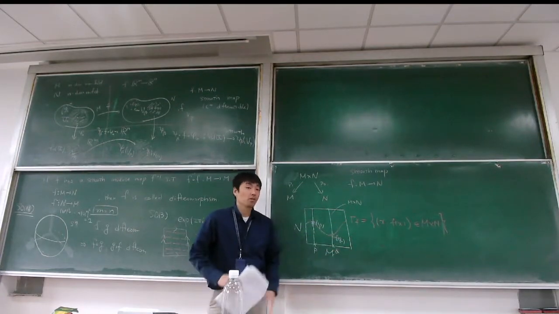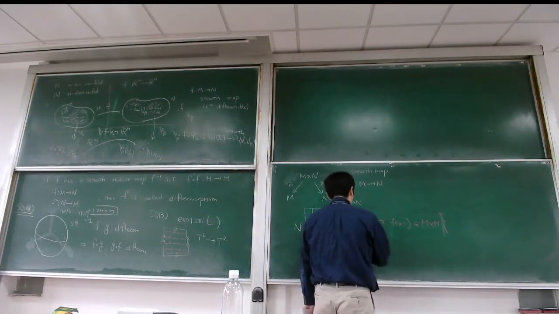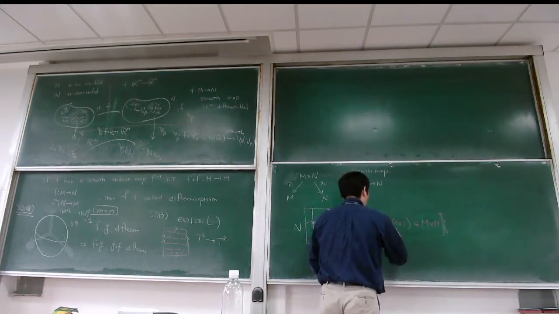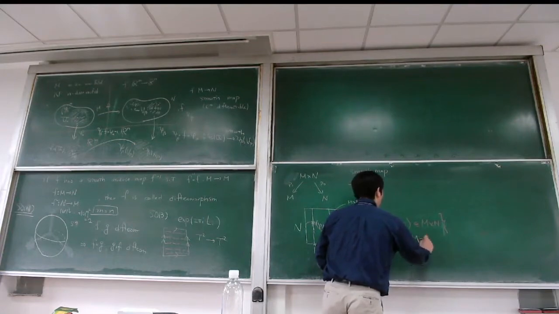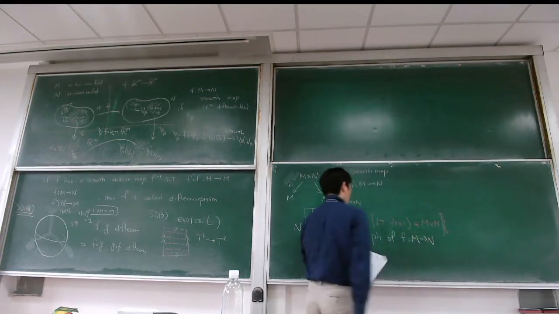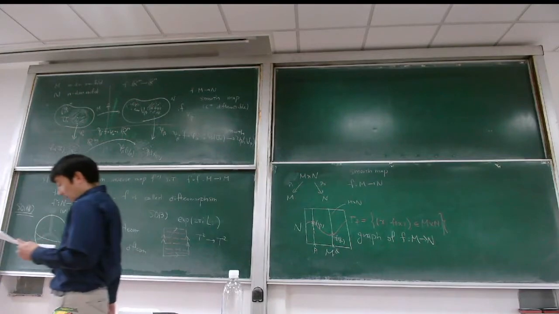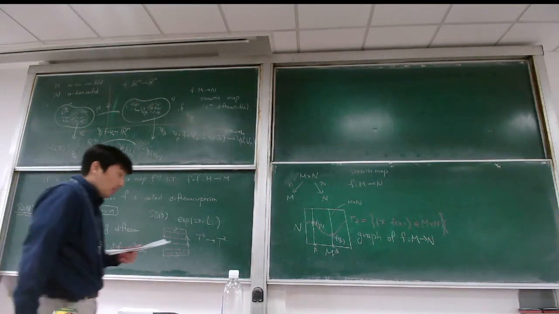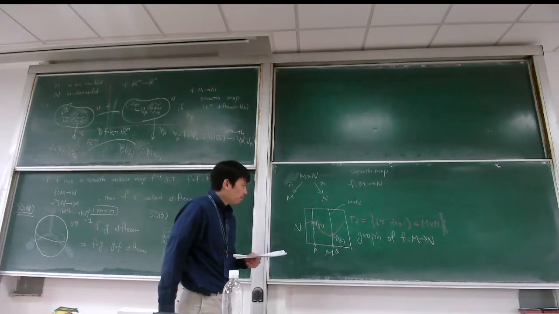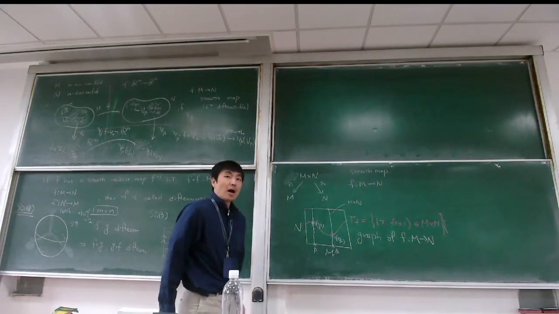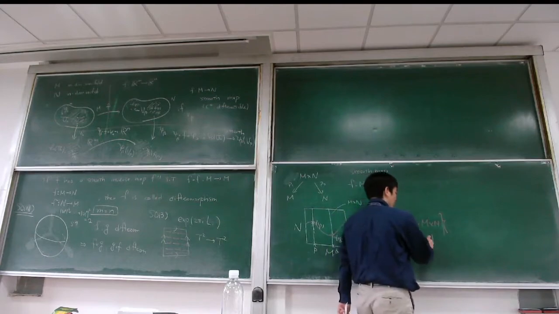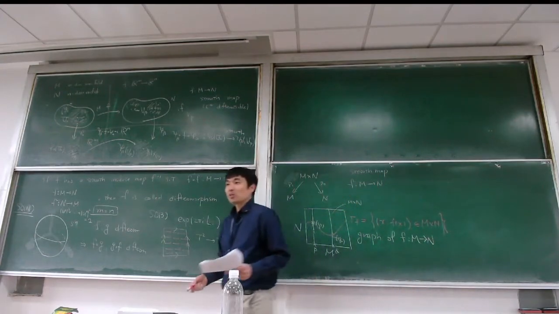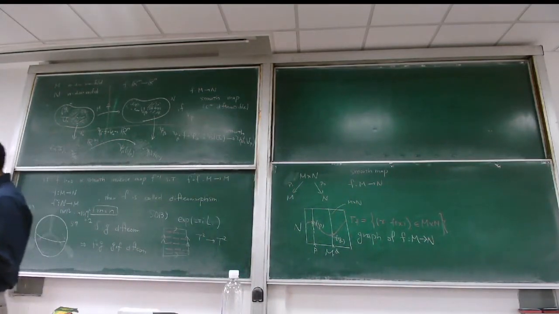So this is called the graph construction, the graph of the smooth map f. But this is very important, an important map one can consider when you study topology. Any questions so far?